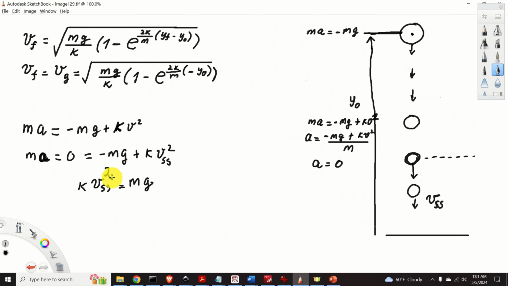Don't forget the square over here. And consequently, we will have vss squared is equal to mg over k, or vss is the square root of mg over k. And this is the final equation that solves our problem.